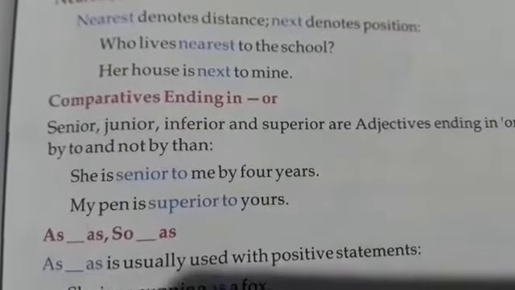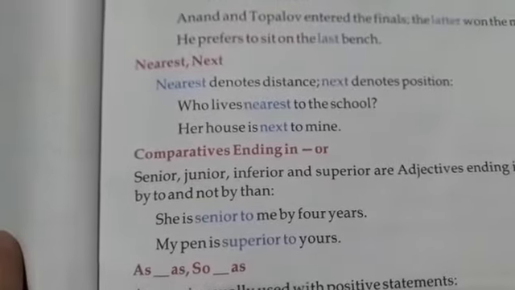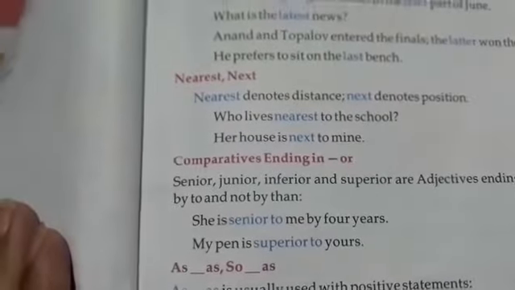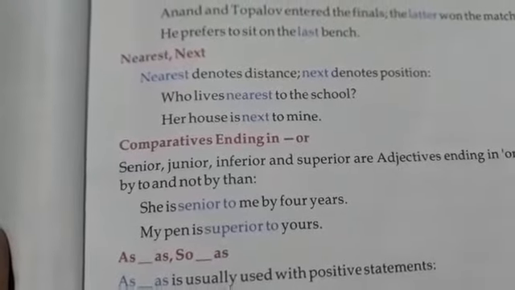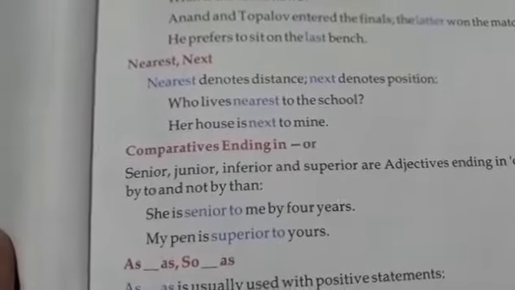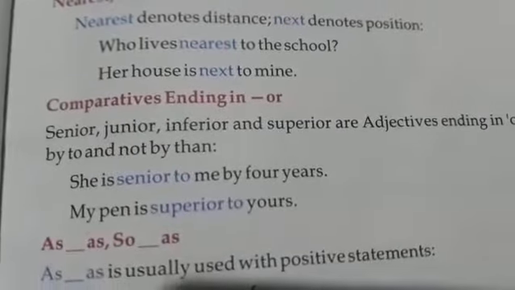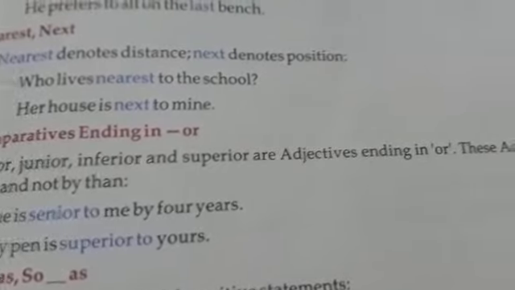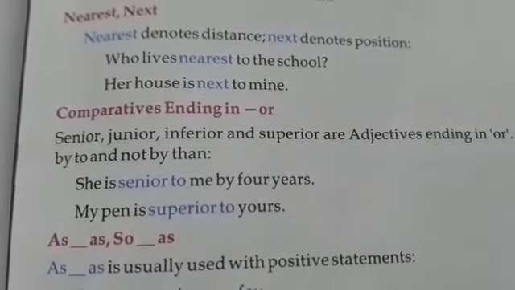Now we have comparatives ending in OR. Words ending in OR, like senior, junior, inferior, and superior, are adjectives ending in OR. These adjectives are followed by to and not by than.